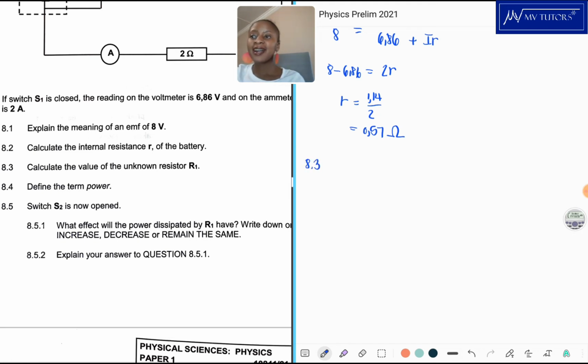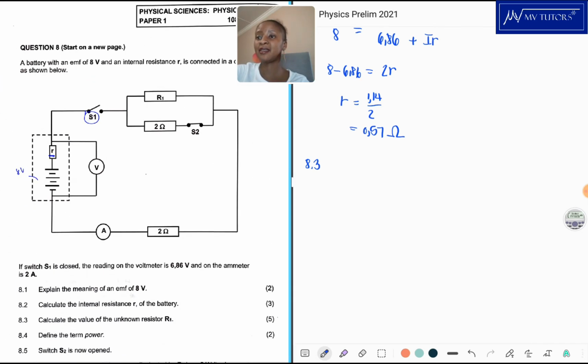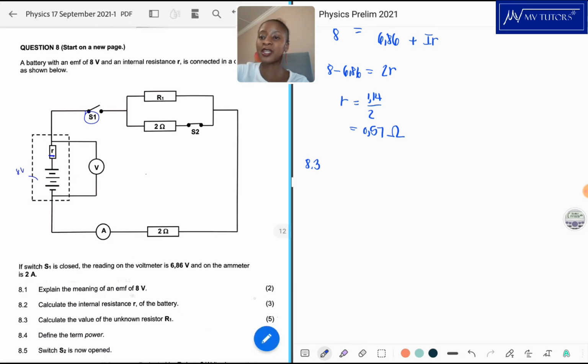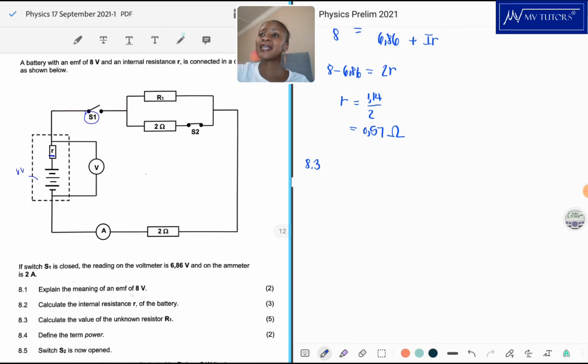So now 8.3, calculate the value of the unknown resistor R1. Okay, let's have a look at the circuit again. So what is our strategy? What I propose is that we take these two parallel resistors and make them one.